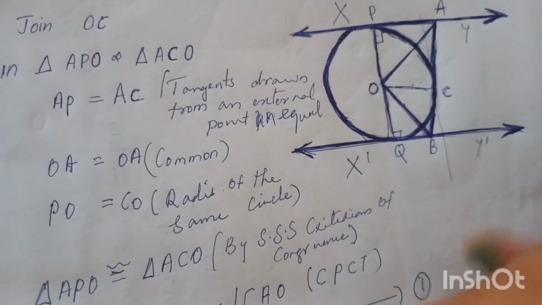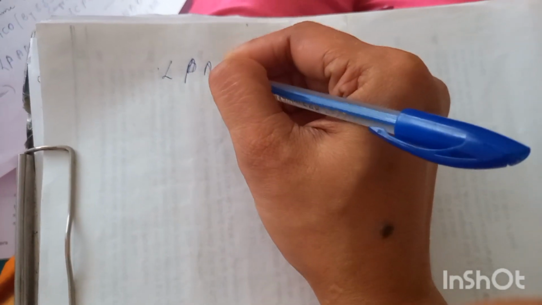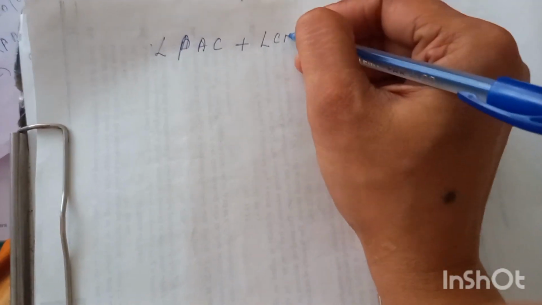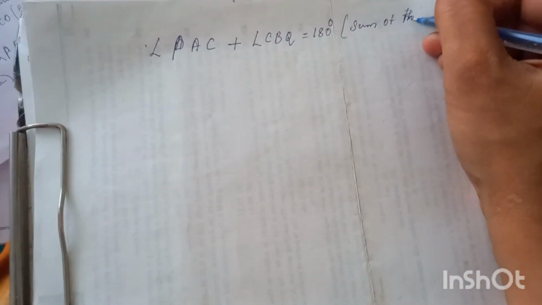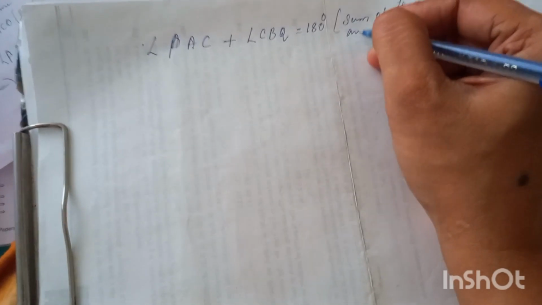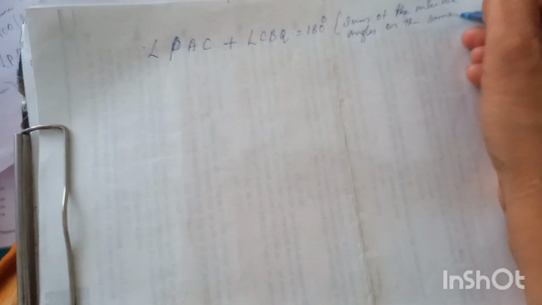So we can write angle PAC plus angle CBQ is equal to 180 degrees.